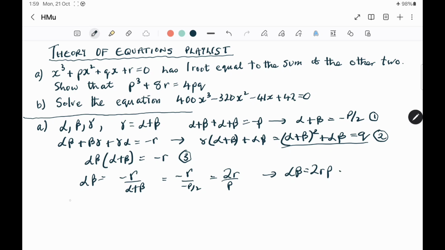We now substitute these into equation number 2, and what do we get?